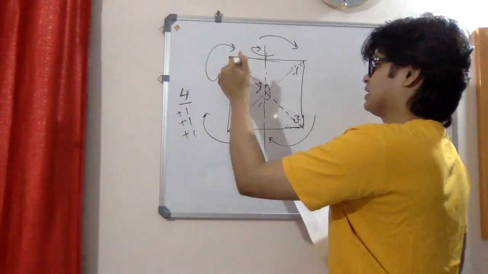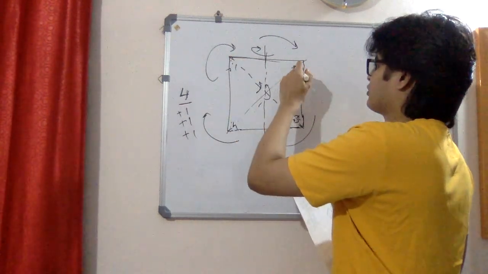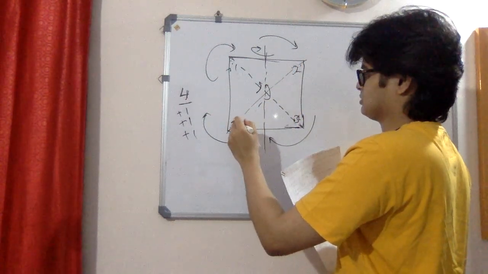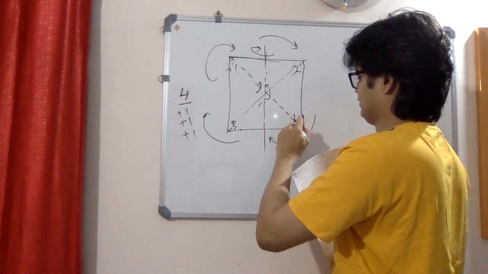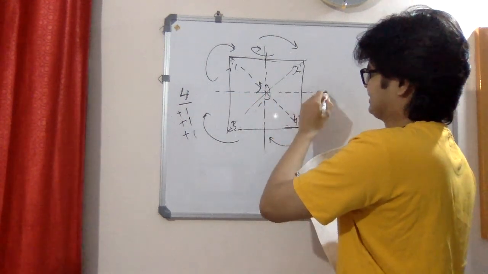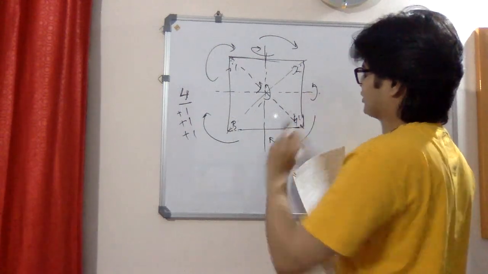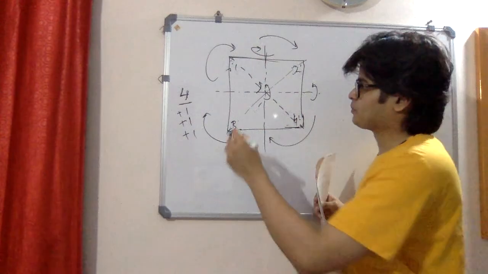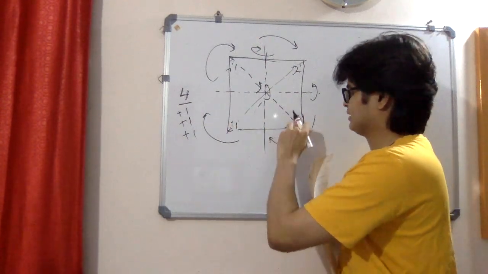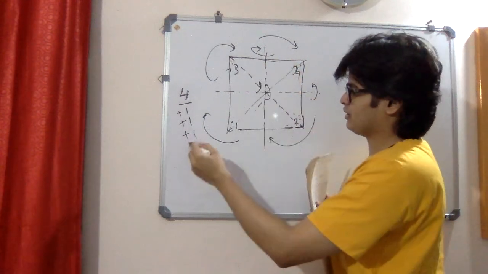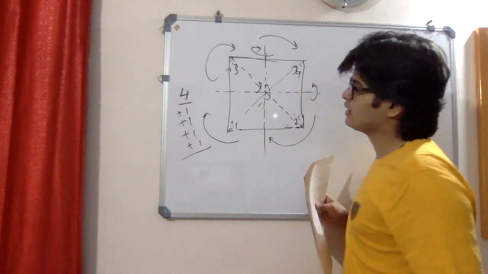Now again coming back to where we started from, choosing this as an axis and rotating it somewhat like this, these vertices get swapped. So this gives us 1, this gives us 2, 3 and 4, and this gives us another symmetry.